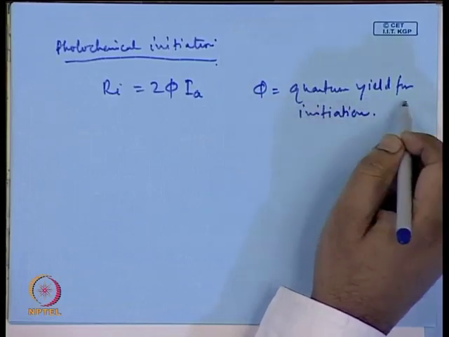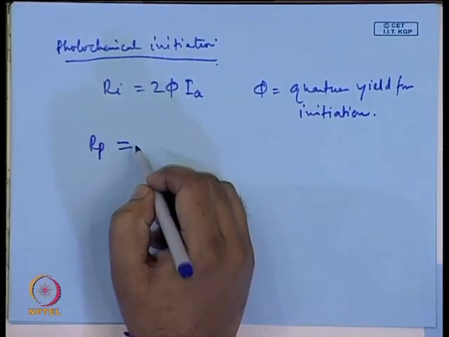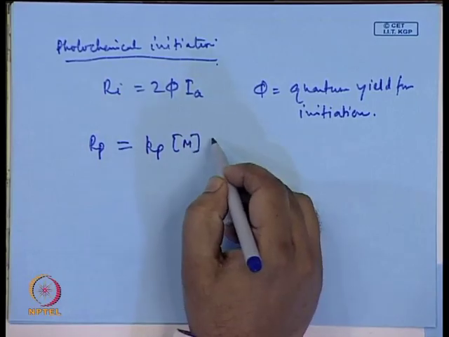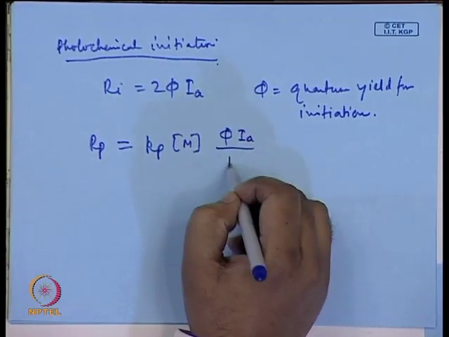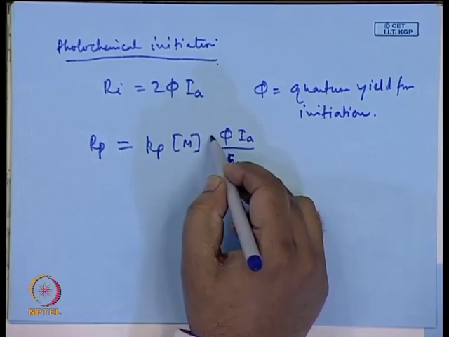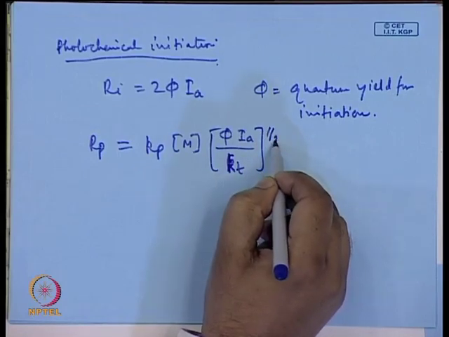This phi is the quantum yield for initiation. So, for this type of initiation we can write Rp is m phi I A by Kt to the power half.